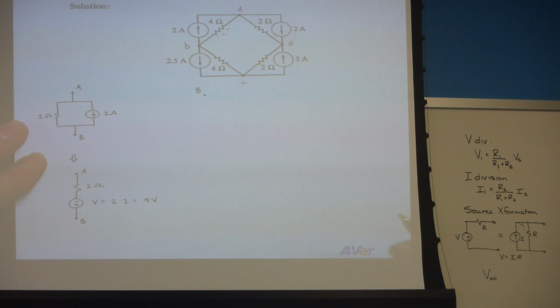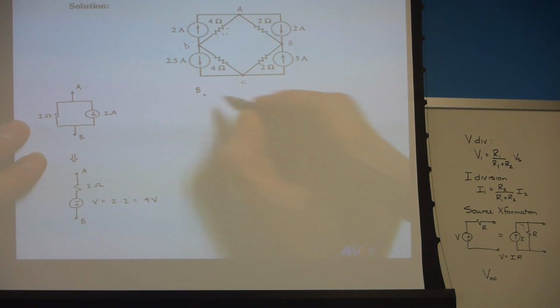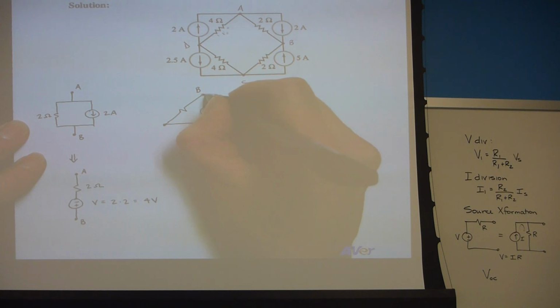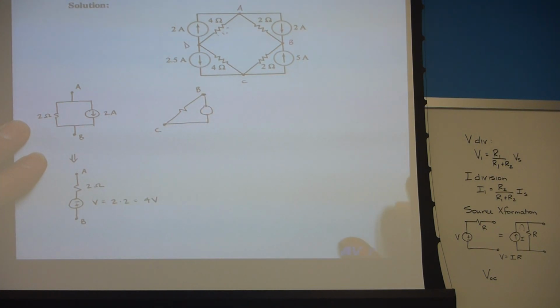Let's see if I can draw it another couple of different ways. There's B and C like that. This one, the voltage source is pointing up.